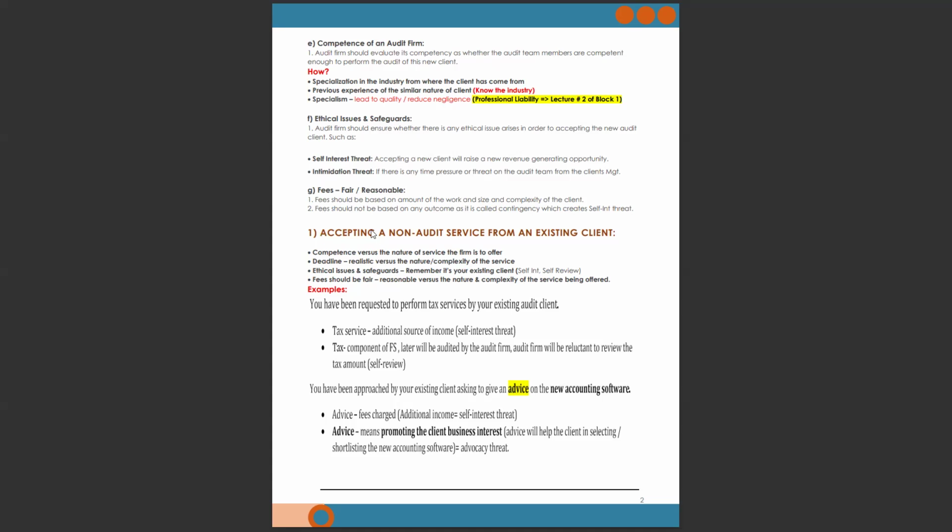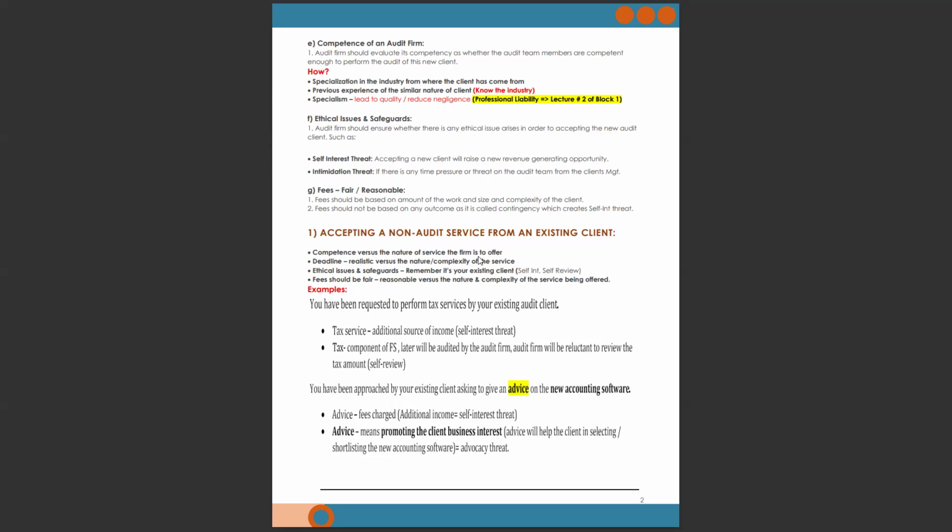Now, let's move to topic 2, accepting a non-audit service from an existing client. First, we discussed accepting a new audit client. Now, we are discussing accepting a non-audit service from an existing client. When we are providing a non-audit service to an existing client, we have to evaluate our competency versus the nature of the service the firm is to offer.